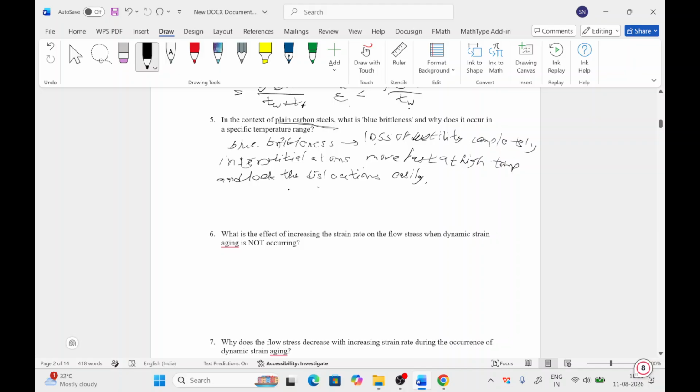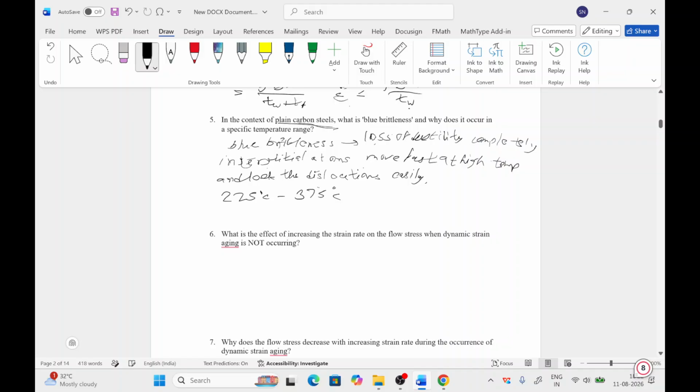The diffusion of interstitial atoms happens at some temperature range, meaning in that temperature range the diffusion is highest. That temperature range is 225 degrees Celsius to 375 degrees Celsius.